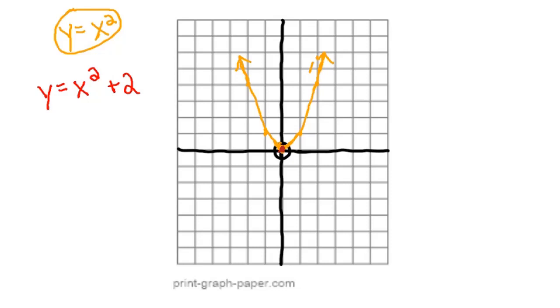You just take this x squared that you already know what the x squared looks like. That's this. That's the parabola, the smiley face in the center of the graph. And the plus 2 means you raise it up 2 points on the y.